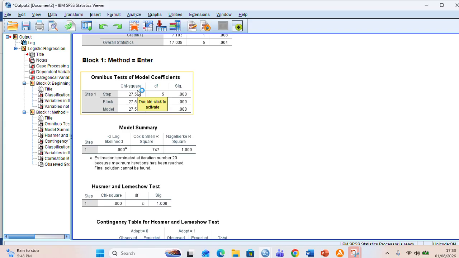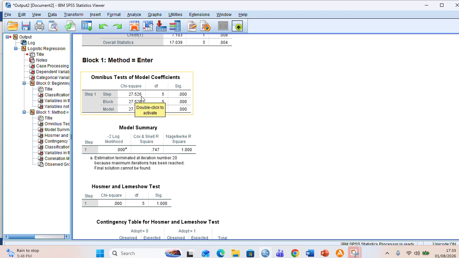You write chi-square, which is written as χ with superscript 2, is equal to 27.526.